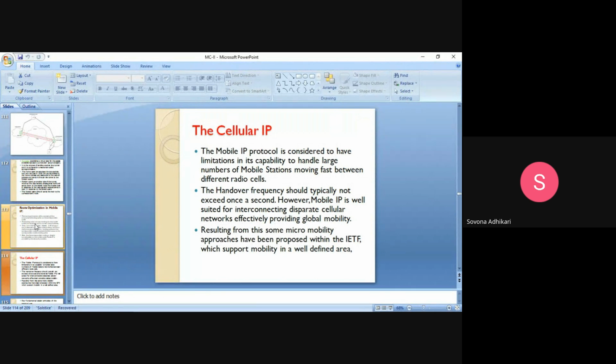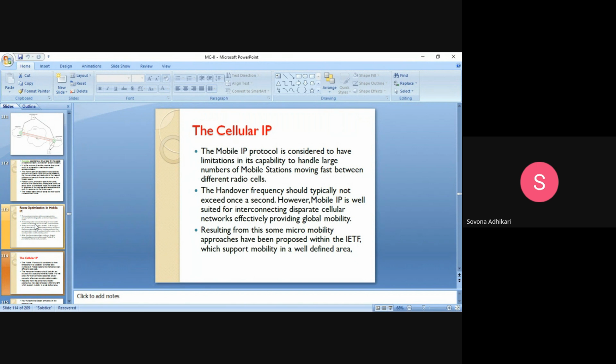Then the cellular IP. The mobile IP protocol, which I have already discussed, is considered to have limitation in its capability to handle a large number of mobile stations moving fast between different radio cells.